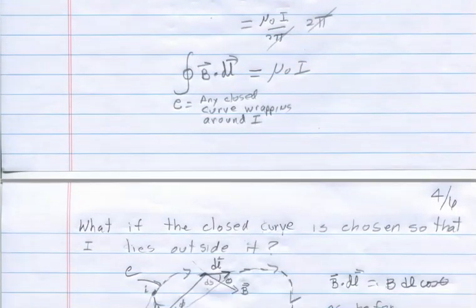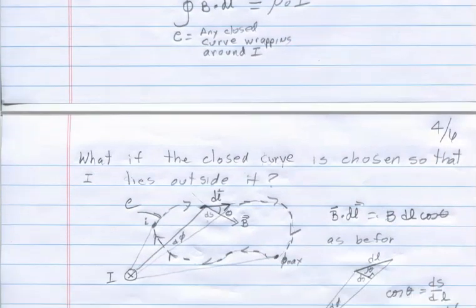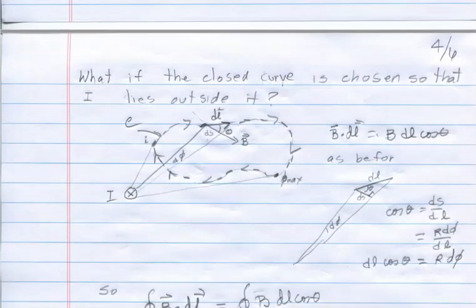Well, finally, what if the closed curve that we chose lies totally outside the current carrying wire? So now I've got a different C that I'm going to go around in this fashion. But it lies totally outside. It doesn't wrap around the wire at all. And it's really the same calculation as before. It's just the same exercise. We're looking at B dot dl, which is B dl cosine theta, but dl cosine theta is the same as r d phi.